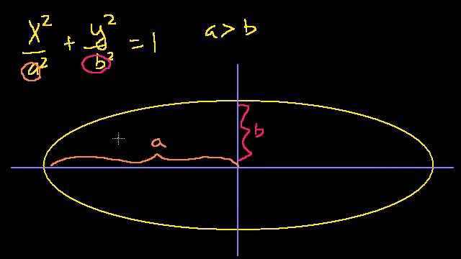Now, perhaps the most interesting property of an ellipse is that if you take any point on an ellipse and measure the distance from that point to two special points, which we will call the focuses or the foci of this ellipse.